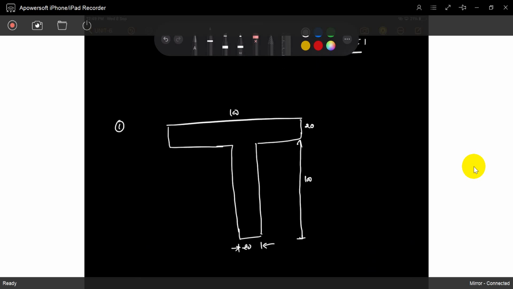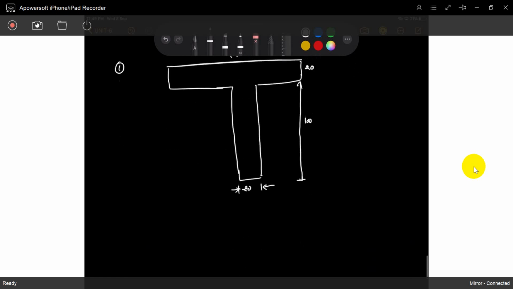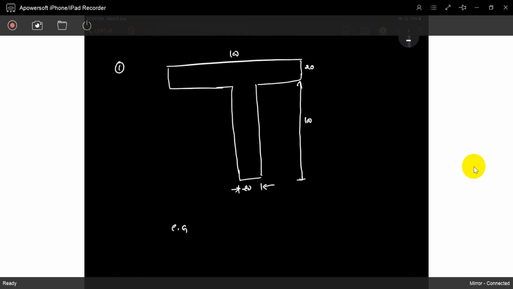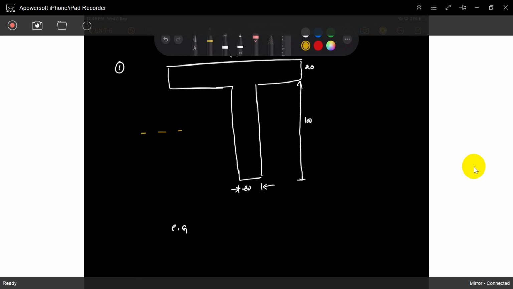Take it as an I section. So now you can see what exactly the CG axis is. CG axis is somewhere here.